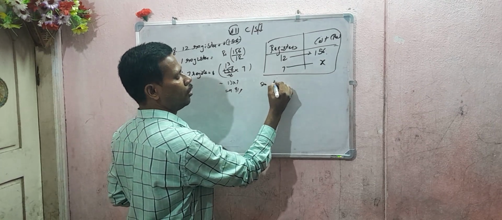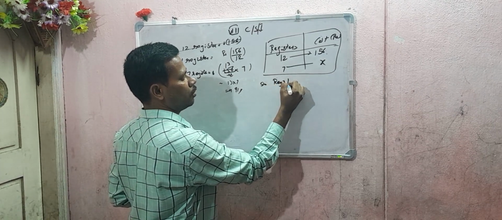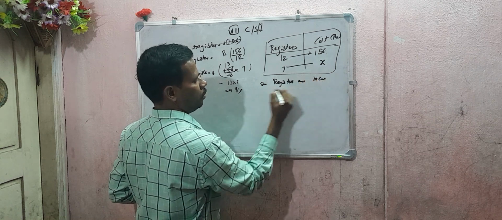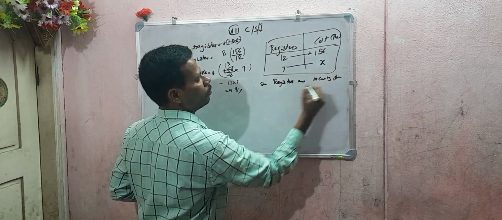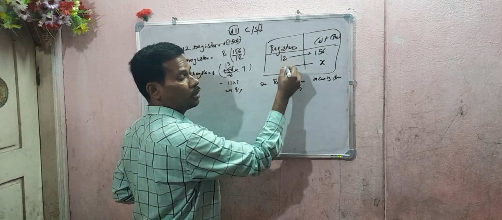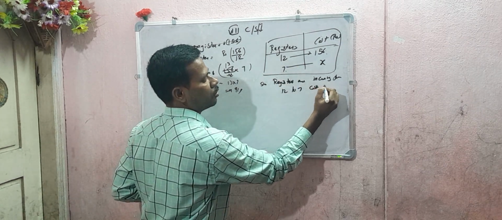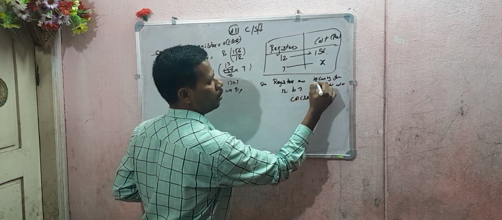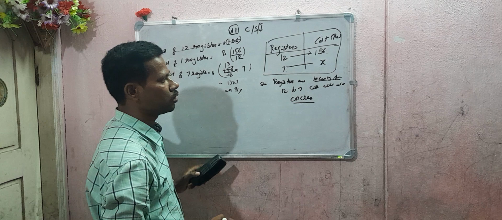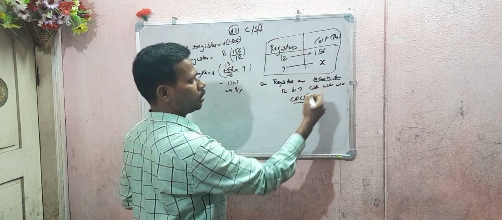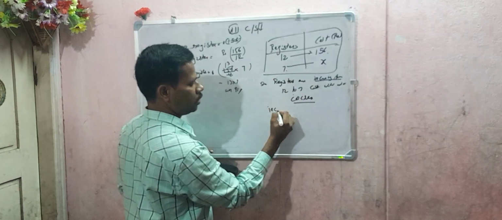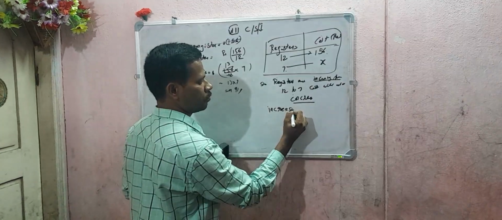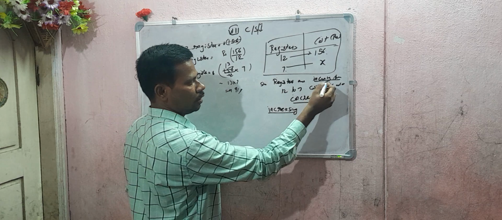Since registers are increasing, from 12 to 7, registers are increasing, cost will also increase. Underline these two words: increasing here and here.